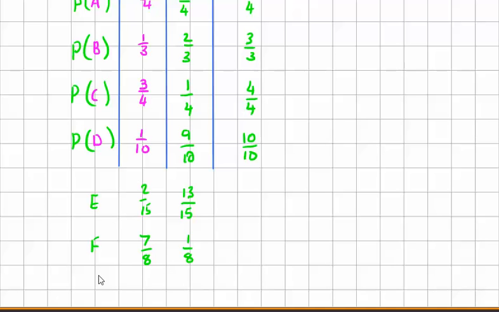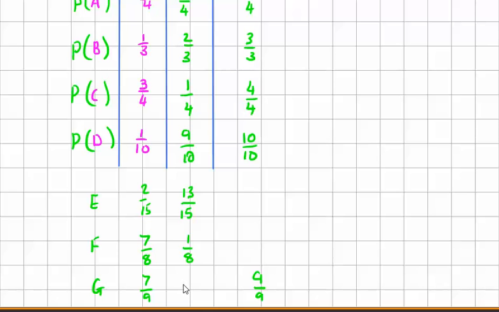And Seraphima, if the probability of G happening is 7 out of 9, the probability of it not happening? Nope. If it's 7 out of 9, it's got to add up to 9 out of 9. What's left?